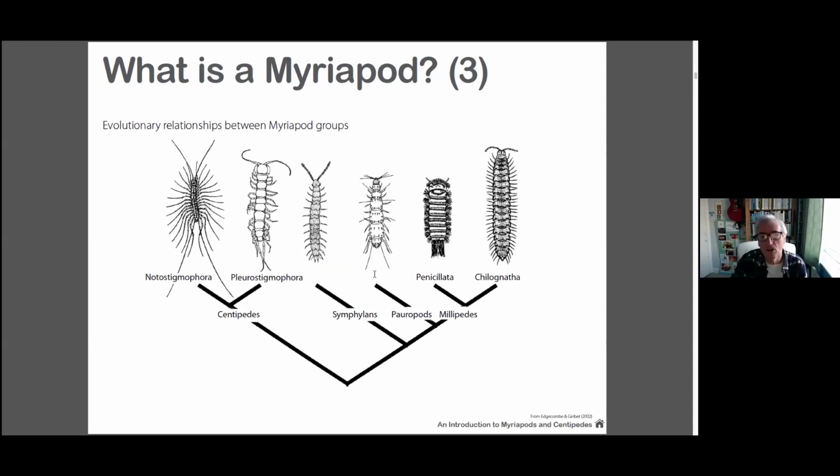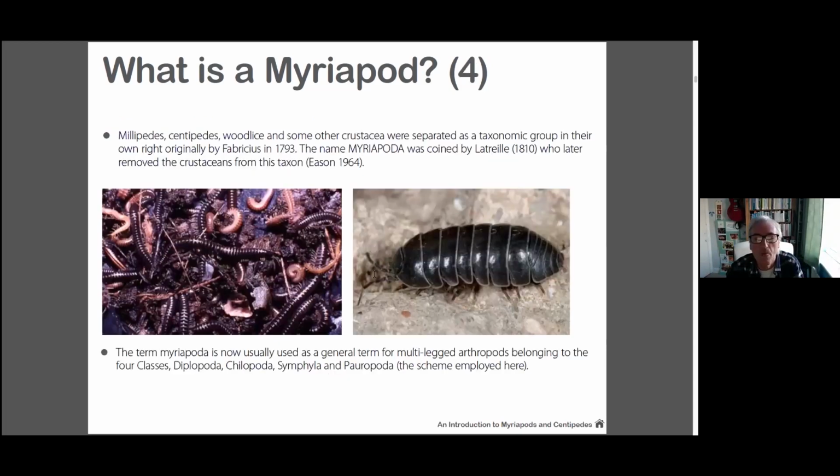Within the myriapods, there are a number of different subclasses, suborders, and various things, which divide them into their various different types. Again, we won't dwell on that much this morning. They were originally gathered together by Latreille in 1810 under this title of Myriapoda, and that actually also included crustaceans as well.